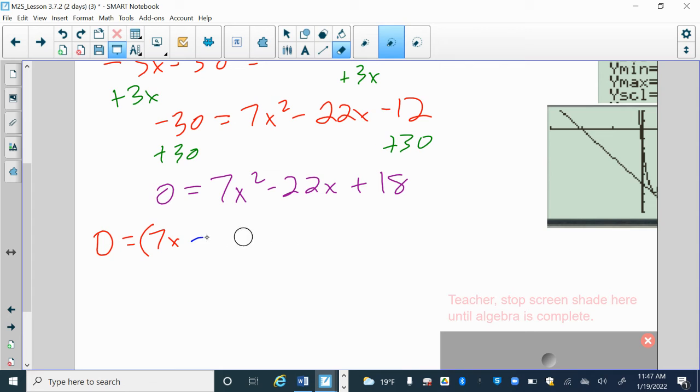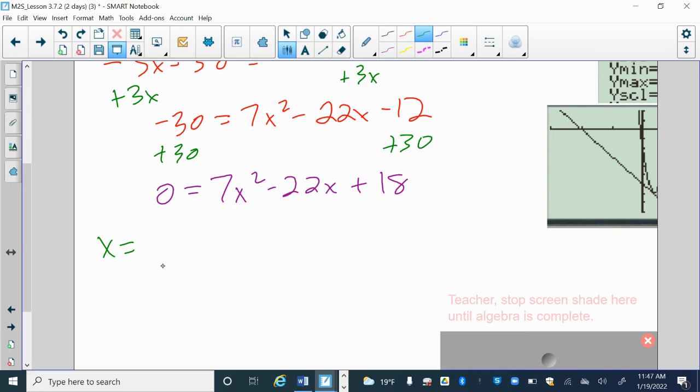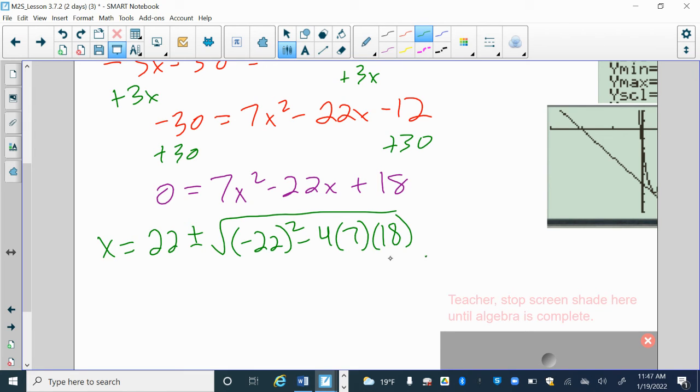Why don't we solve this with the quadratic formula then? So we'd say x equals the opposite of b, positive 22, plus or minus the square root of b squared, negative 22 squared, minus 4 times 7 times 18, all over 2 times 7. X equals 22 plus or minus.